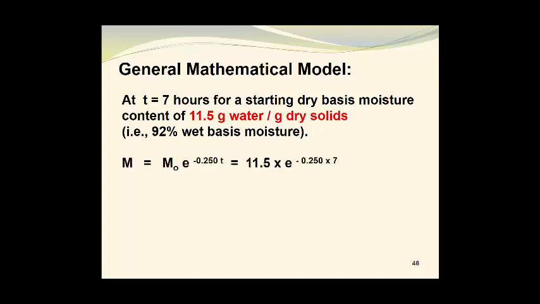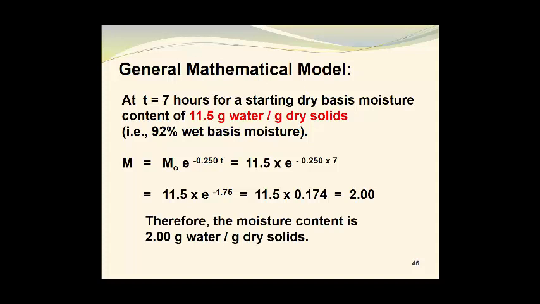We can then substitute these values into our general model, and we will get m is equal to 11.5 times e to the minus 0.250 times 7. Once again, we will work this out, and we find that the value of m is equal to 2.00.